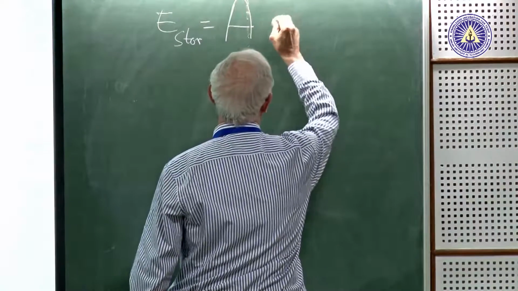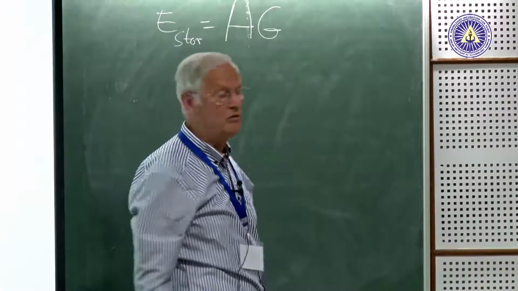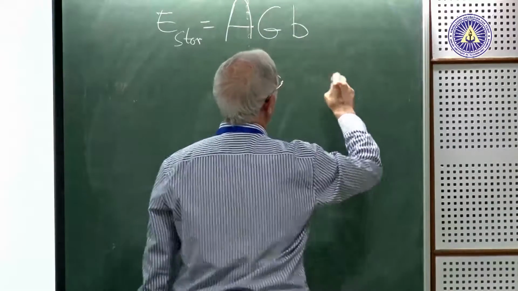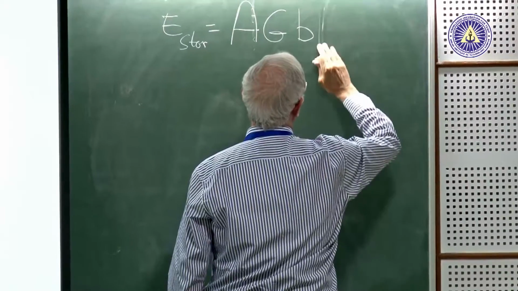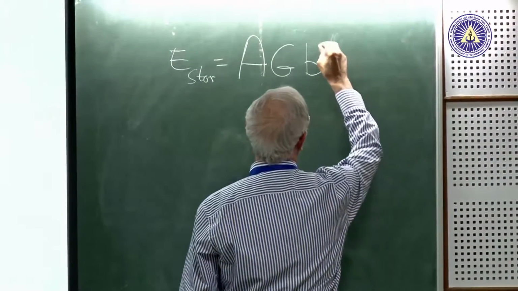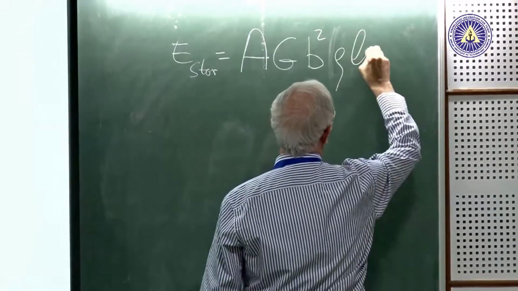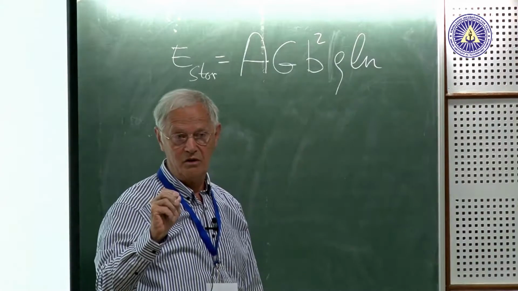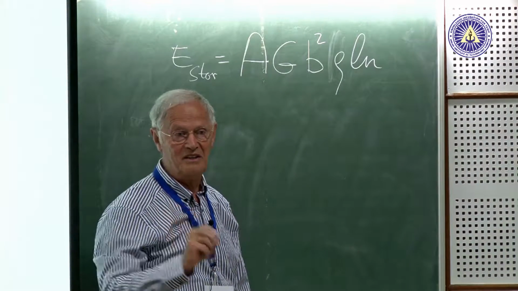G is the shear modulus, b square rho ln, there is a logarithmic term. What is in the logarithmic term?